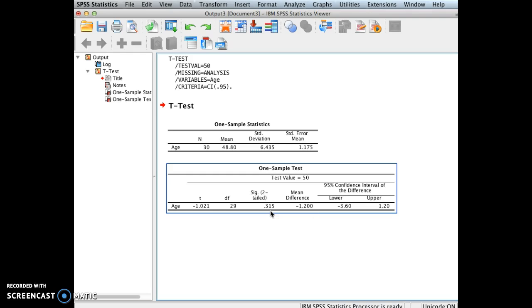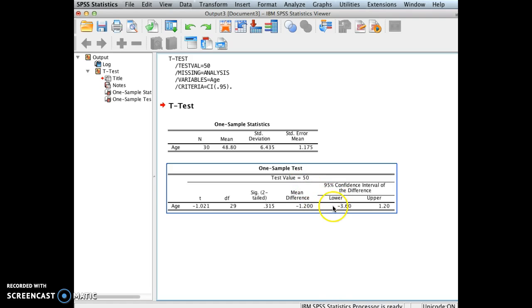It's not that unlikely. That's also why we fail to reject the null and conclude that our sample comes from a population that's quite similar to the superintendent population with regard to age.